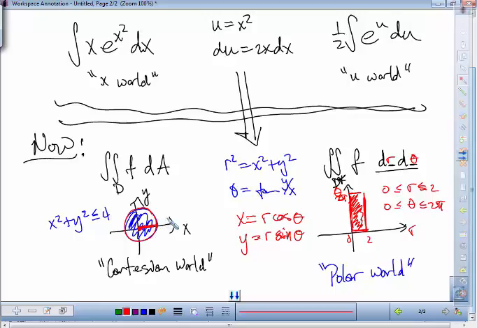Well, we don't know anything about theta, so let's assume theta is equal to 0. Theta is equal to 0 is just a positive x-axis, right? And somebody says r goes from 0 to 2. We can think about that as a little strip on the positive x-axis.